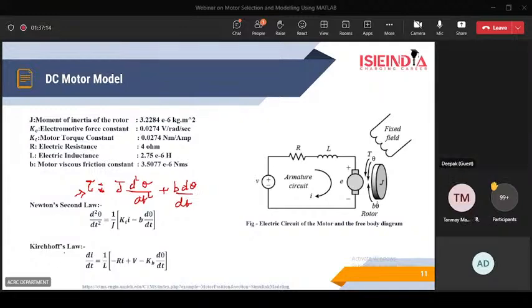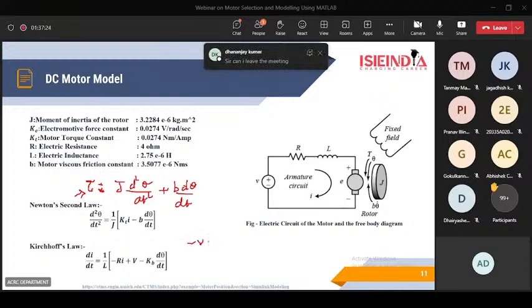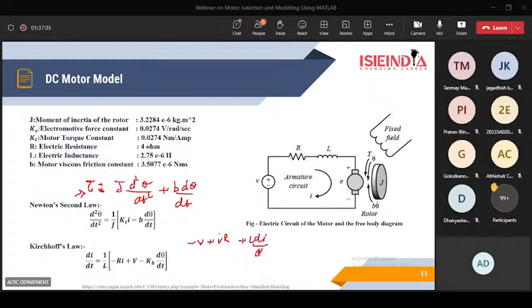Also Kirchhoff's law is being implemented here. By applying Kirchhoff's voltage law, the KVL, we will see minus V plus the current going inside, which is i into R, plus L di by dt, the current through the inductor, plus Ev. Here Ev is the back EMF.